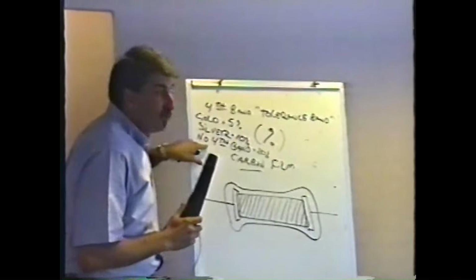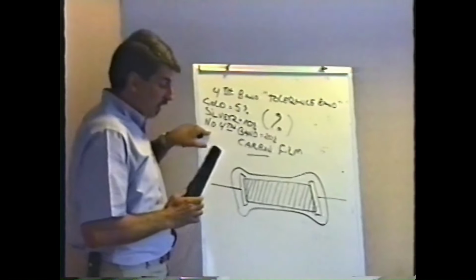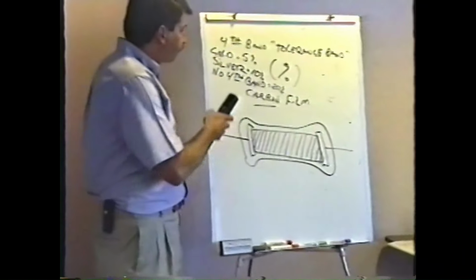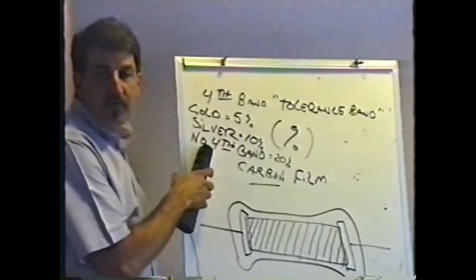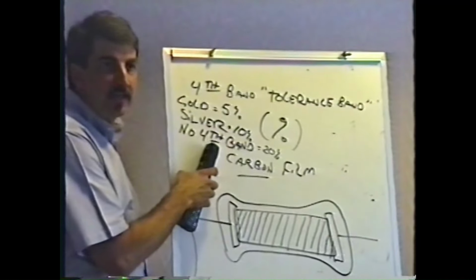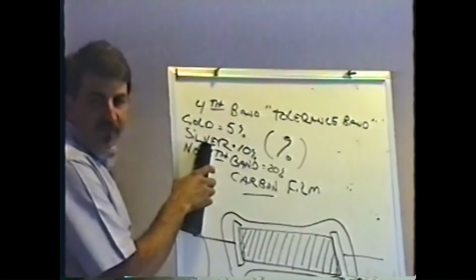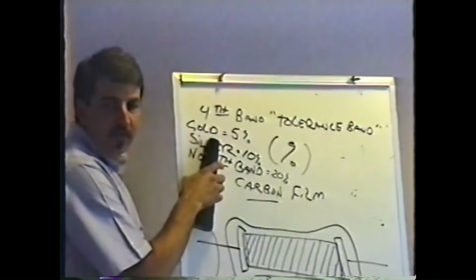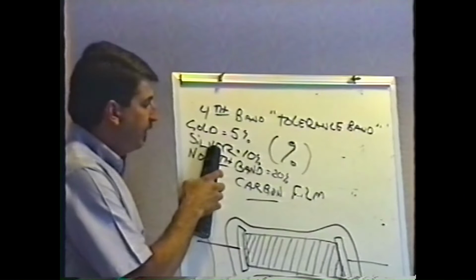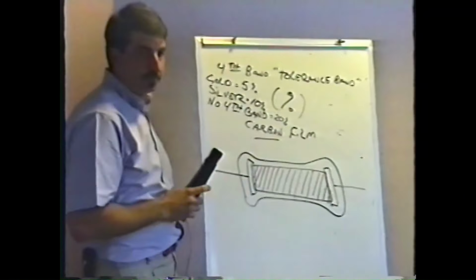You'll never see that in games. But if you go to a surplus electronics store, you might see a resistor that has no fourth band on it. So just so you know what it is, that would be 20%. You wouldn't want to use that in games. Quite frankly, silver or gold, either of these would probably be perfectly acceptable in a game, certainly.